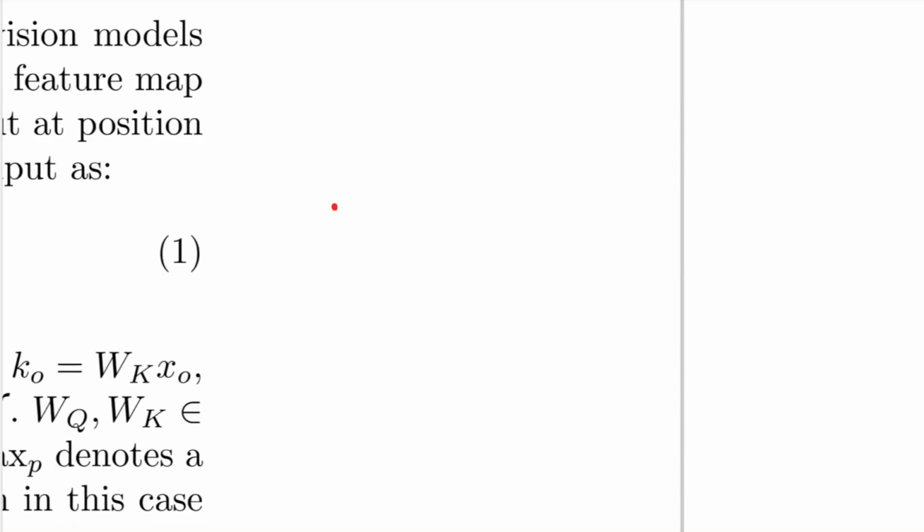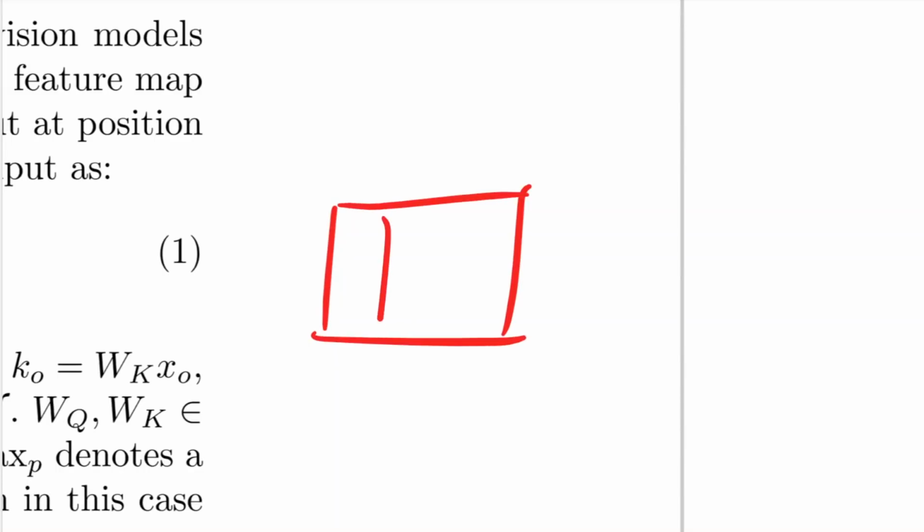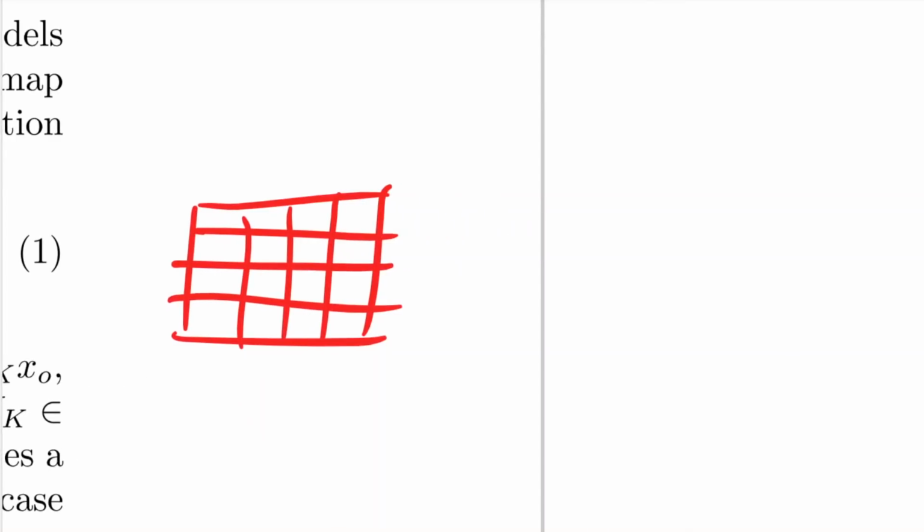If you have an image right here, it's made into pixels, okay? Now a transformer, or in general these attention models, always transform a data point into a data point of the same dimensions.